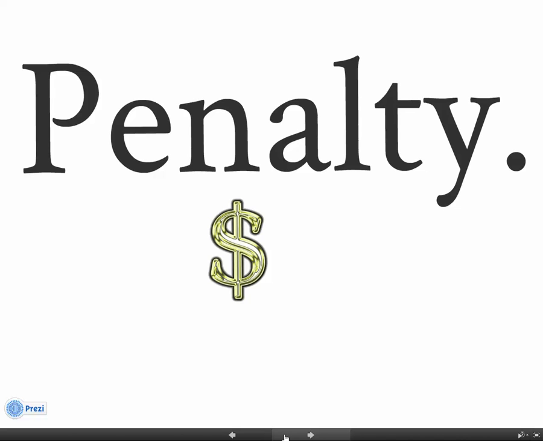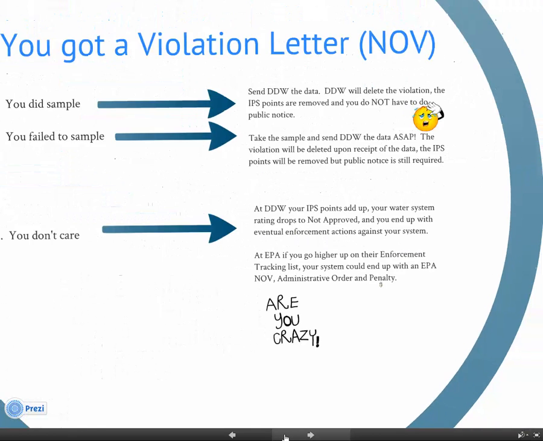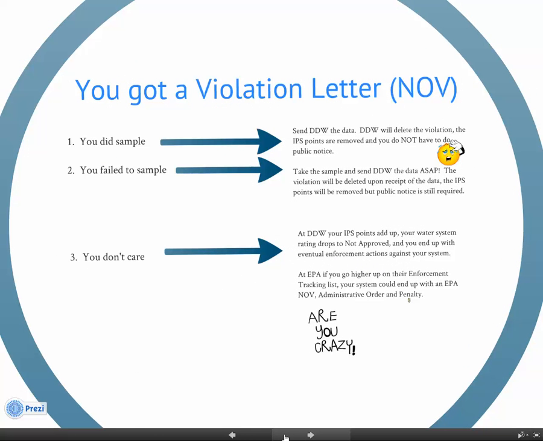We'd rather you spend your money on coming into compliance with the rules and regulations so that you do have safe drinking water rather than writing us a check. We don't want your money. We want you to be in compliance. So the whole point of the penalty is to get the water system into compliance as soon as possible. But we do have that authority in case we need to use it.